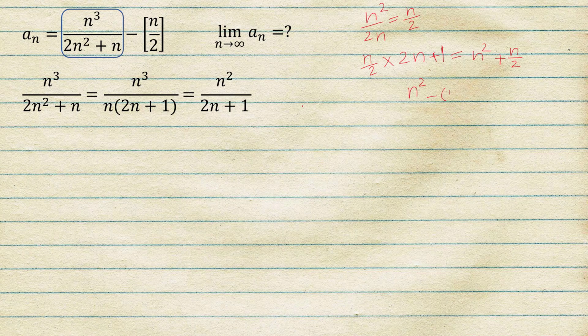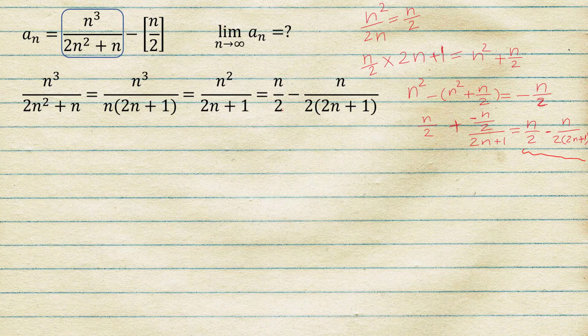If we perform this division and simplify it, we get the expression n over 2 minus n over 2 times the quantity 2n plus 1.